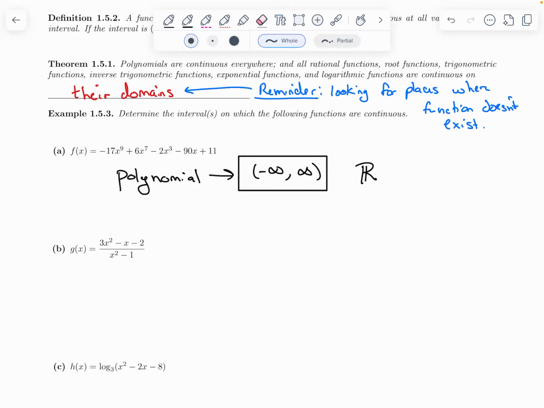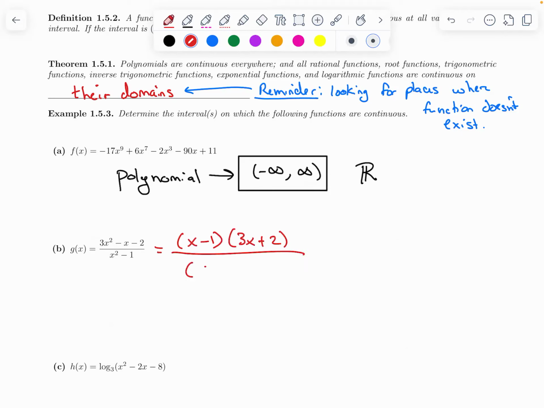Okay, I'm going to draw something in red because this is a big no-no. A student, silly John Doe, getting into it again, says, oh, x minus 1 times 3x plus 2 over x plus 1 times x minus 1. Oh, I can cancel those. And yes, you can, but remember, I think we talked about this the first day, this becomes this, but you have to say provided x does not equal 1.